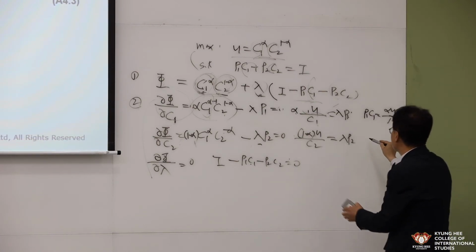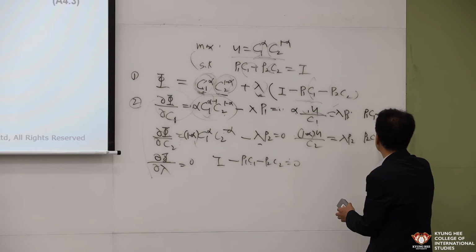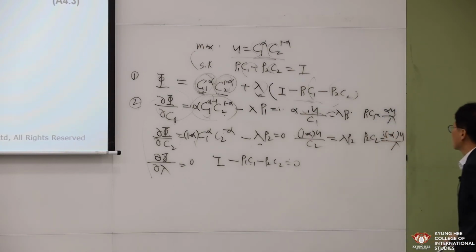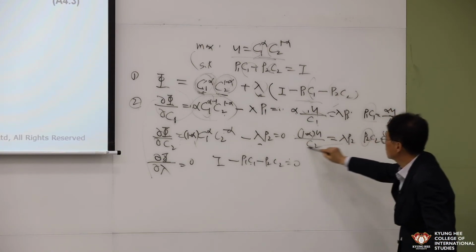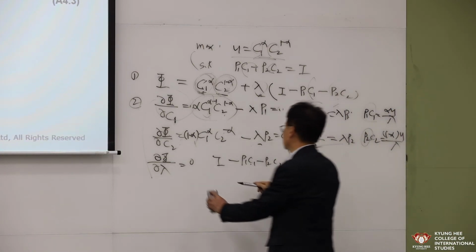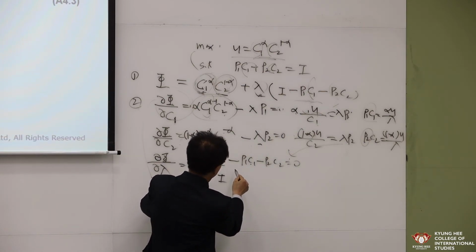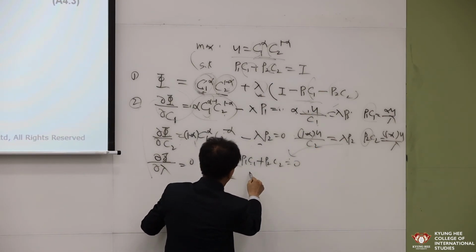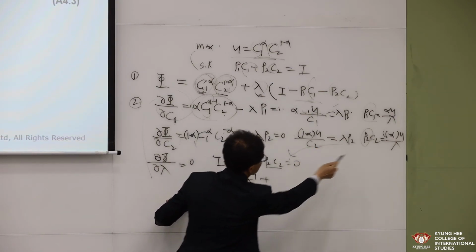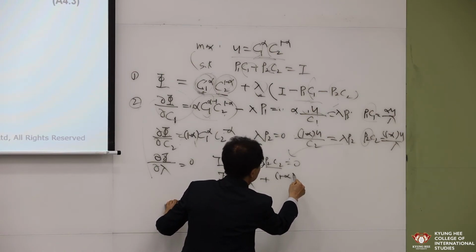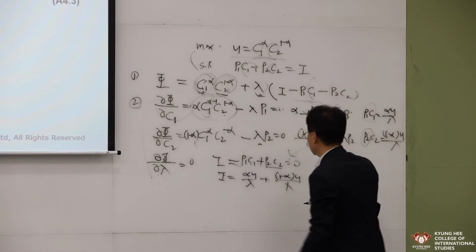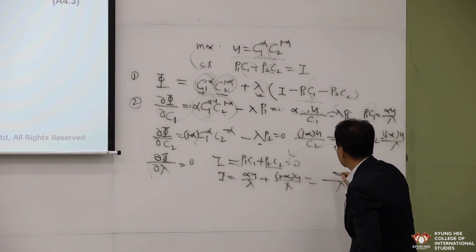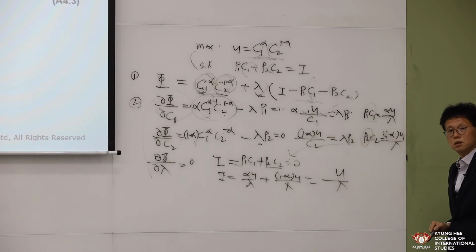So rearranging this, P2 C2 is equal to 1 minus alpha U over lambda. This one and this one are inserted here. Then what happens? Income is equal to this one. Income is P1 C1, which is alpha U over lambda, plus P2 C2, which is 1 minus alpha U over lambda. This one is alpha plus 1 minus alpha.